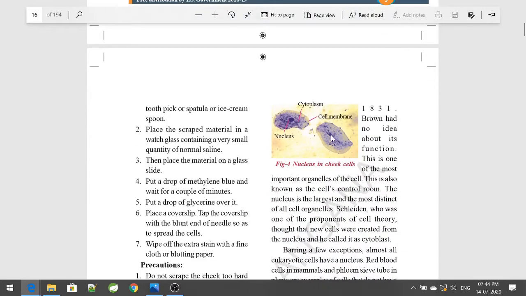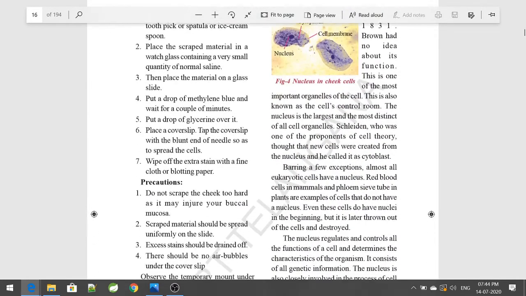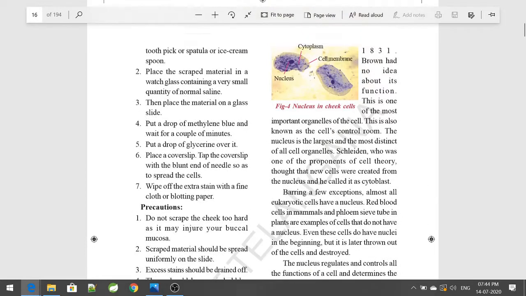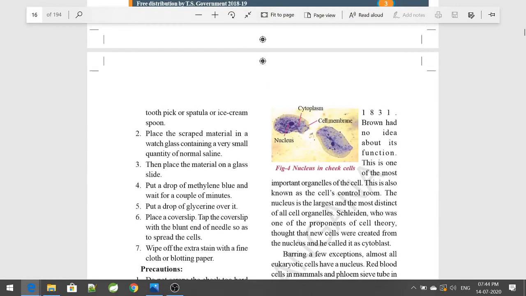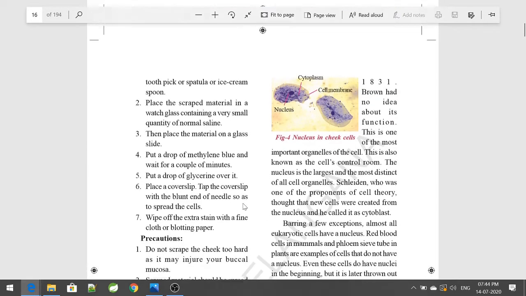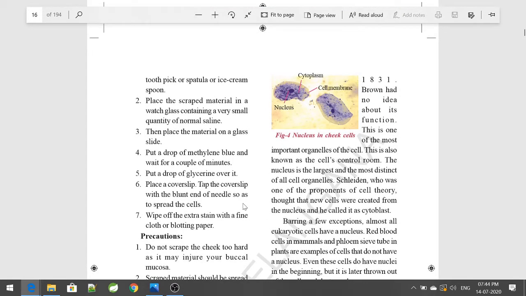I will tell you what materials you have to use. Methylene blue: just pour one drop on it and wait for a minute, then cover the slide with a cover slip and observe under the microscope.